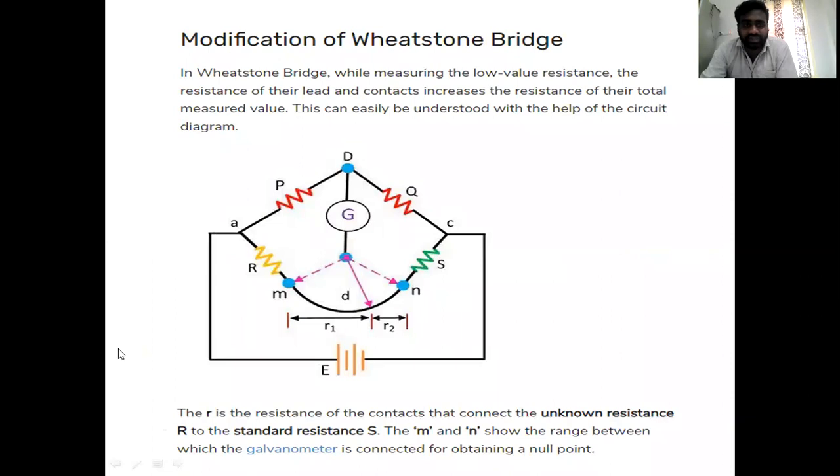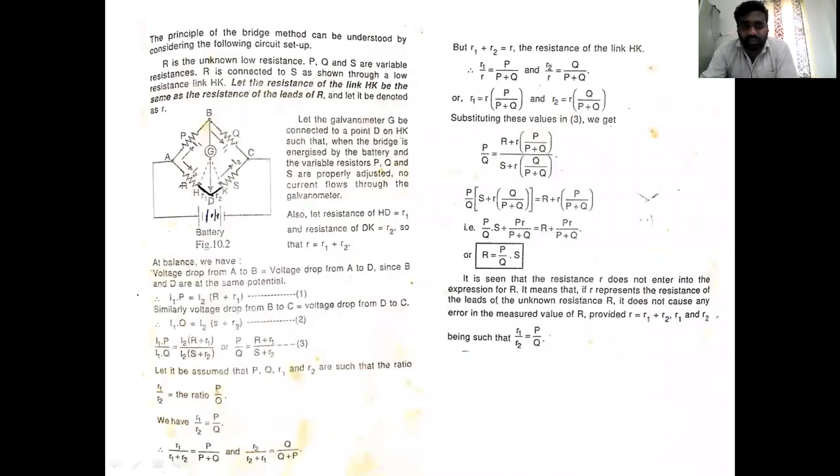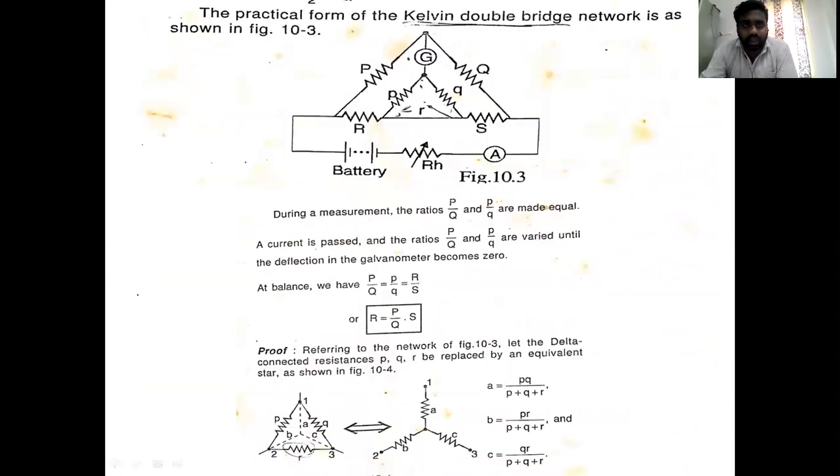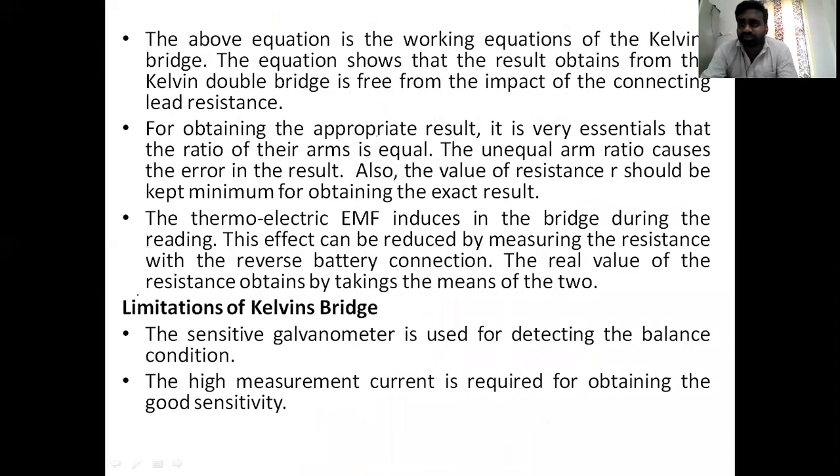Next we saw the mathematical analysis of Kelvin's bridge in a systematic manner. Then we proposed the concept of Kelvin's double bridge and determined the unknown resistance value of Kelvin's double bridge. We have also seen the various limitations of Kelvin's double bridge in today's class. In the next class, we will see a new concept.